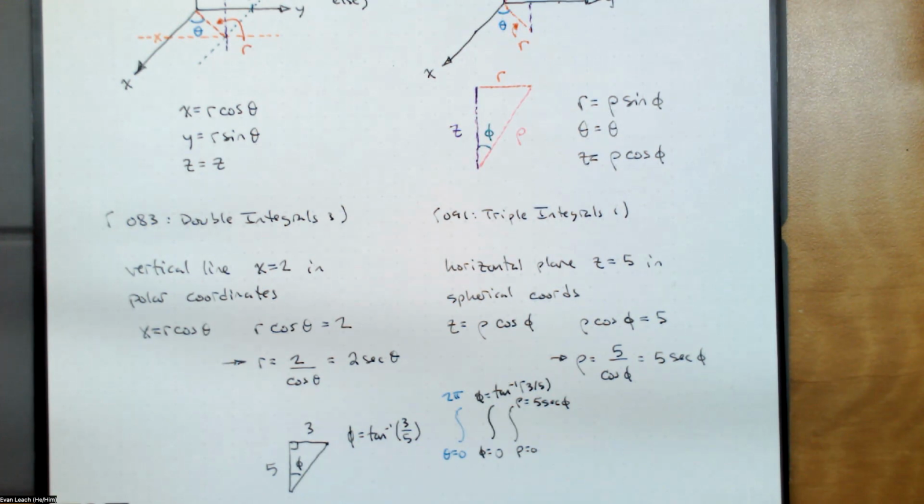But phi is going to have to come after rho. I can even put theta in between. But I'm definitely going to have phi come after rho, because the way we get that flat plane is to describe rho as a function of phi.